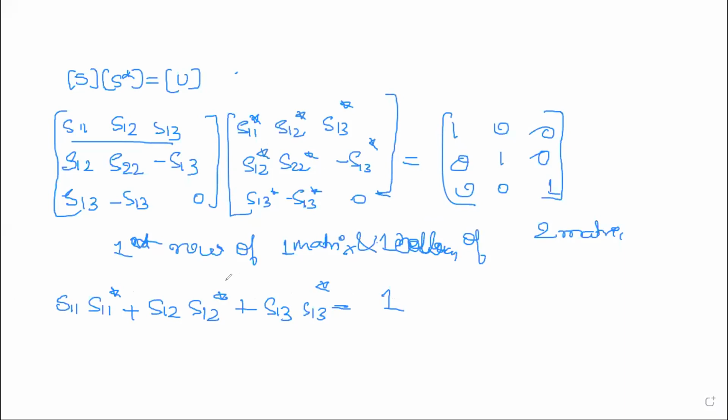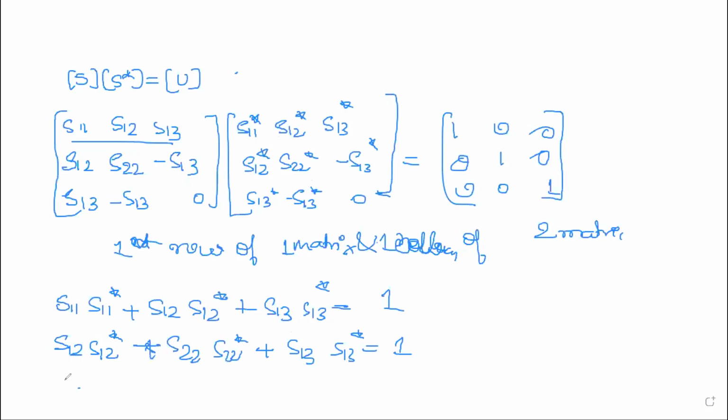Then similarly, you have to write for the next one, that is S12, S12 star, S22, S22 star, S13, that is negative, again negative will become plus, S13 into S13 star. So that will be S12, S12 star plus S22, S22 star plus S13, S13 star is equal to 1.